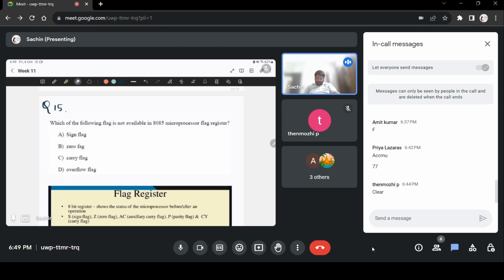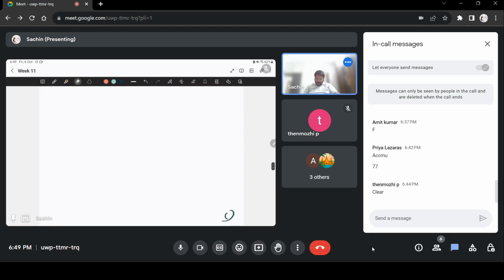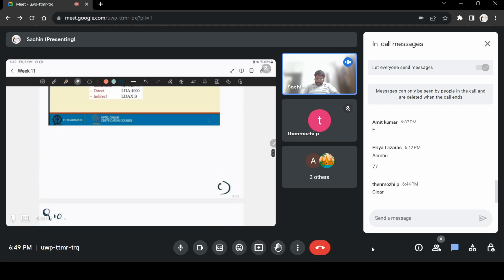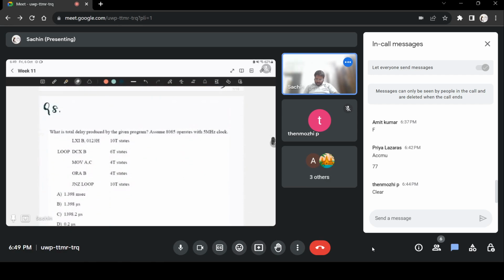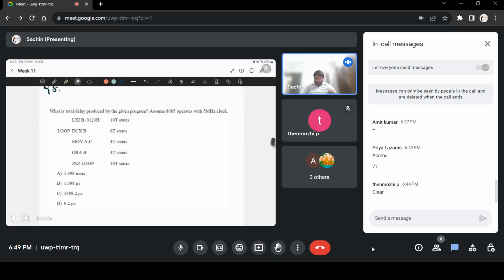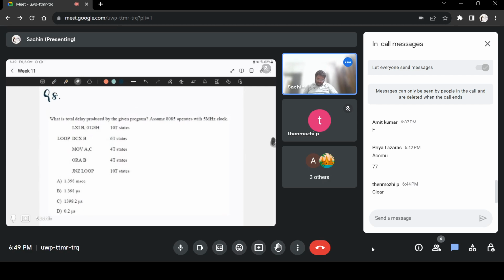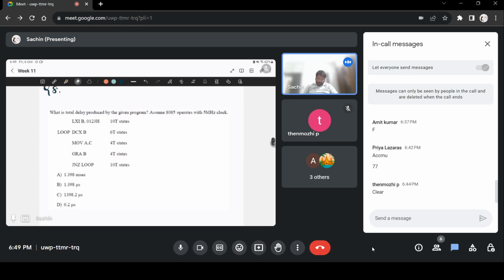Okay, now we'll go back to these questions that I left out earlier. So I haven't solved these, I'll solve these with you right now. What is the total delay produced by the given program?